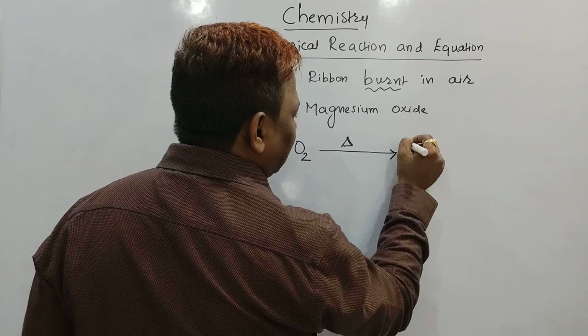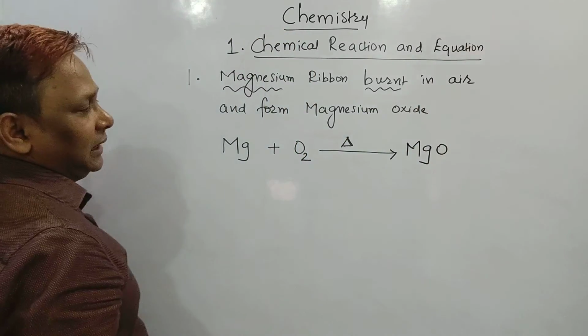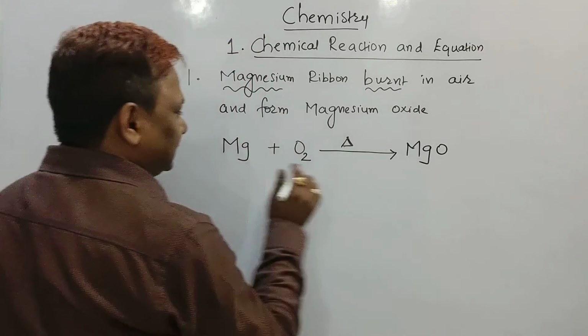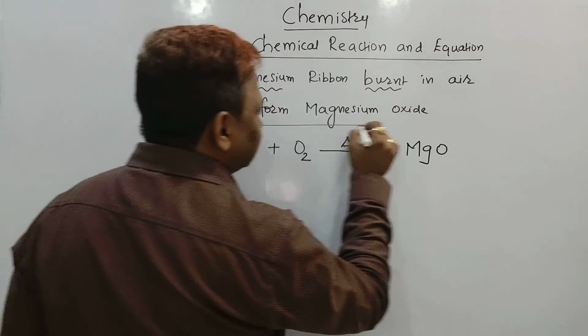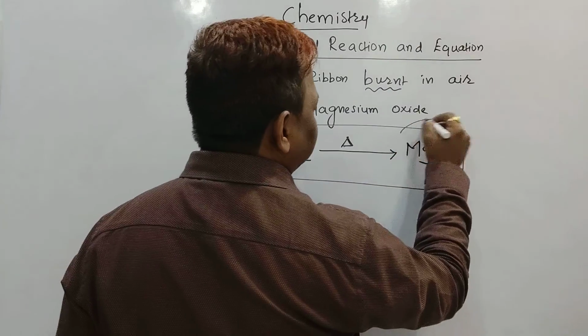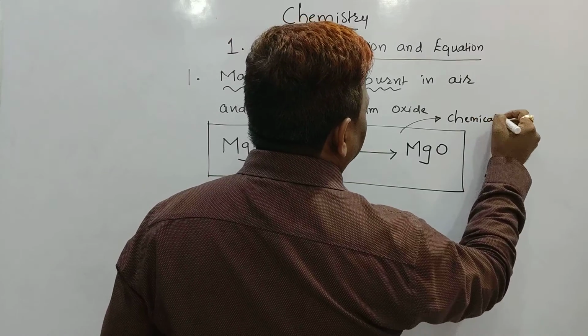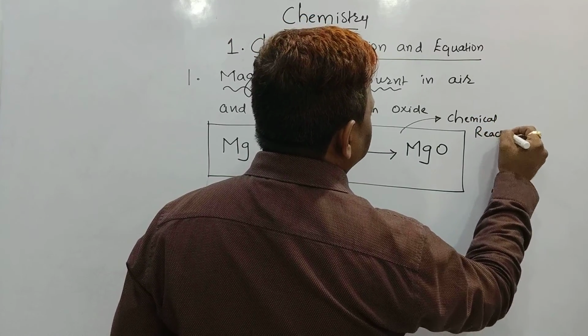Magnesium oxide, the symbol of magnesium oxide is MgO. All the things we wrote here are called a chemical reaction.